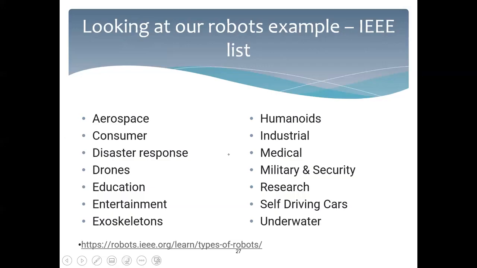So self-driving cars would be another category, but it could fall under other things. And so in addition to aerospace, I might be inclined to add automobiles, and then I could put self-driving cars under that because there would probably be some other categories.